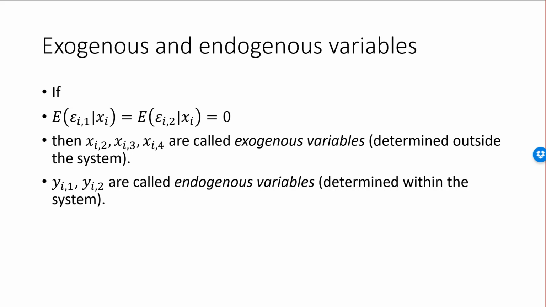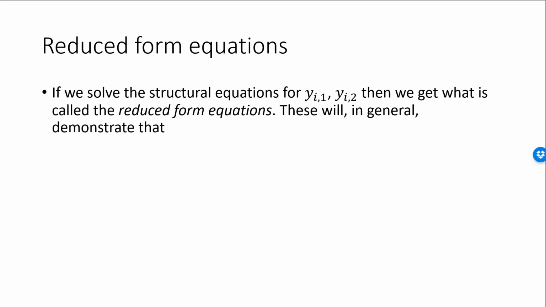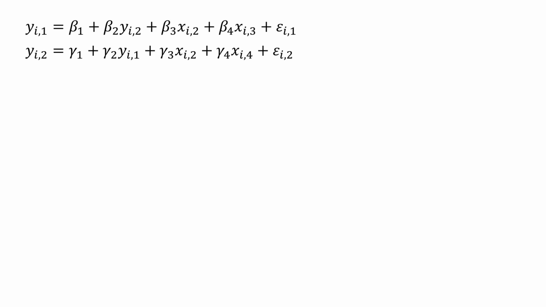So we will have exactly the same number of equations as we have endogenous variables, and typically we can solve such systems for the y variables. If we do that, then we get another system called the reduced form equations.